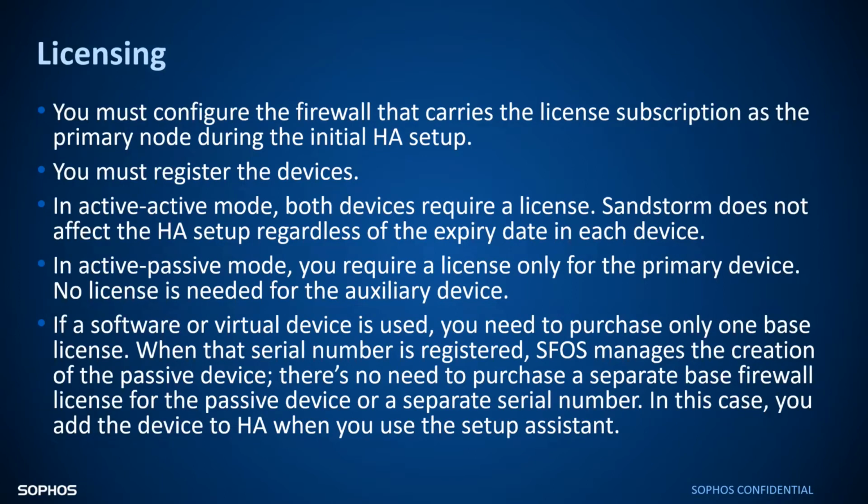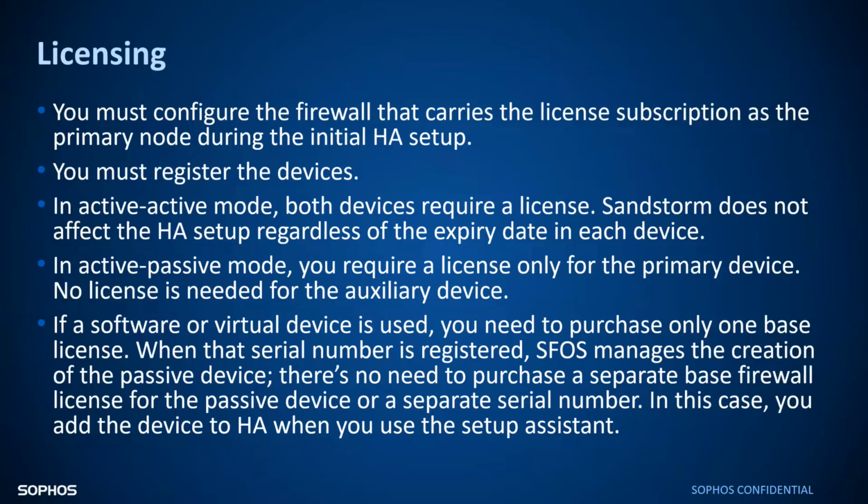Licensing. So we're going to spend a few minutes here. When we're talking about an active passive setup, which again is the most popular setup with the XG firewall, active passive requires a license on the primary device. On the auxiliary device or passive unit, you do not need a subscription.